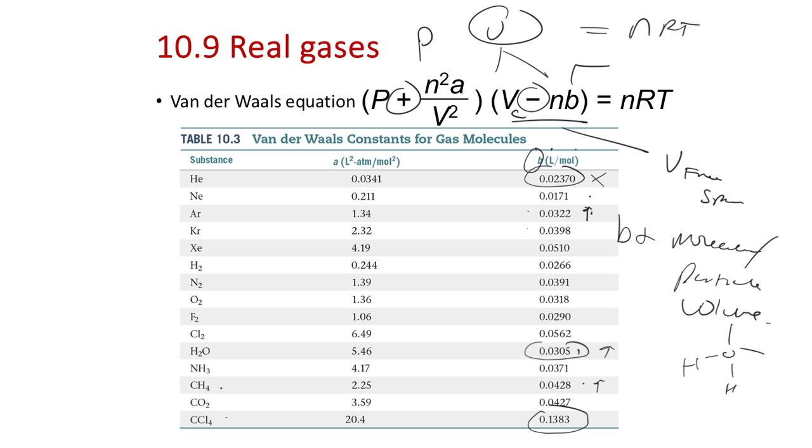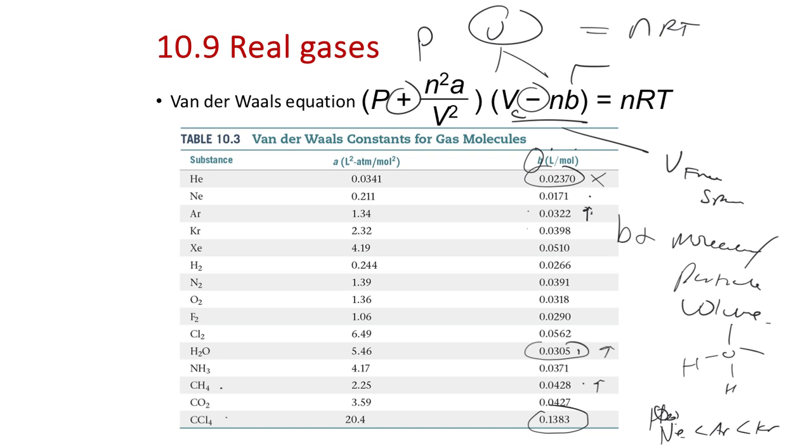I'm not so worried about the math here as I am just about seeing how b is related to the actual size of a particle. We can, in some ways, predict it just by looking at things like neon, let's not worry about helium, but neon should be smaller than argon, should be smaller than krypton, and that's the same trend as their b values, just in terms of the size of the atoms and then the size of the b value.